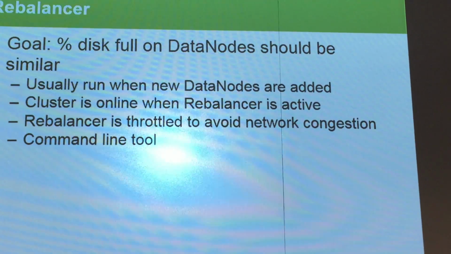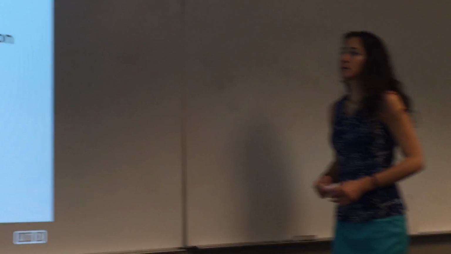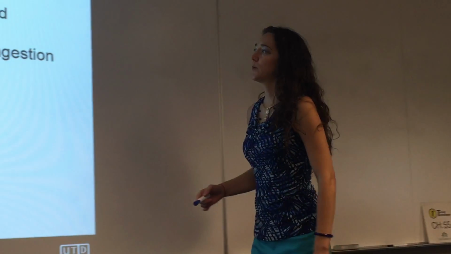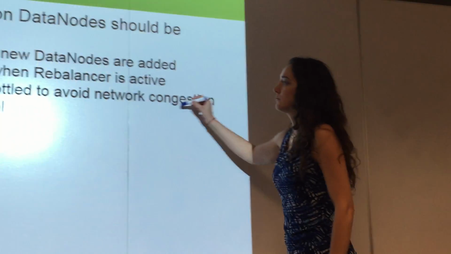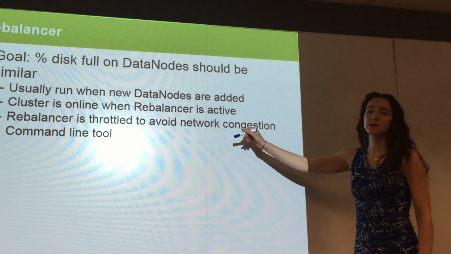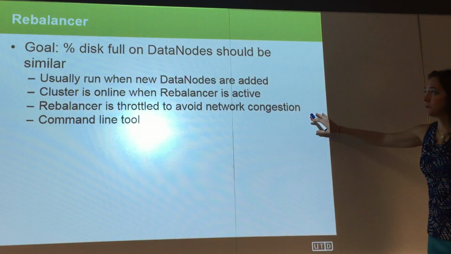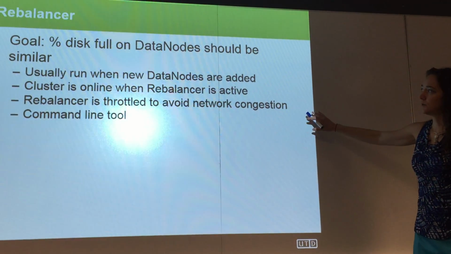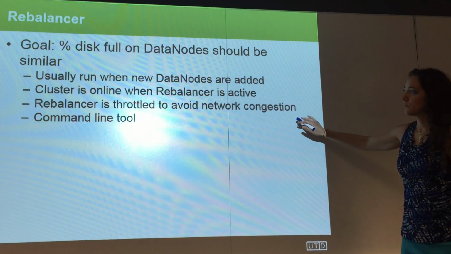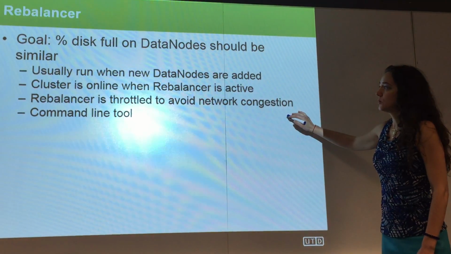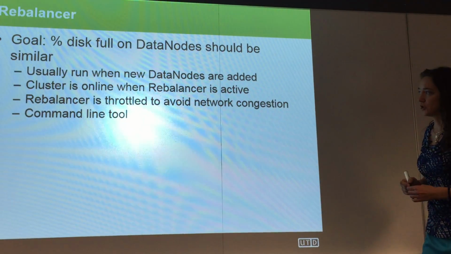So as I mentioned, if we place too much traffic on the network between these nodes, that can really kill this system and make it very slow. So we do try to balance in order to avoid network congestion.